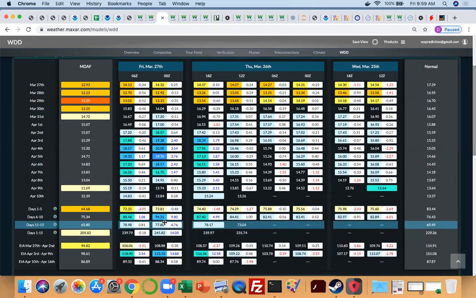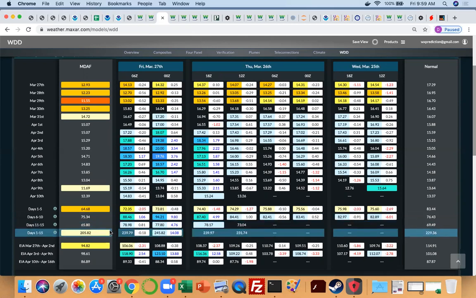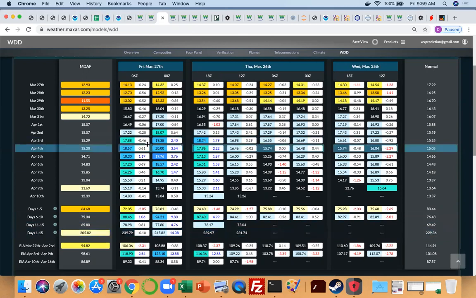So about 20 HDDs colder than the EC, and about 40 HDDs colder than the Maxar official forecast here. So there are definitely some differences even within this window in terms of what's going to happen the next couple of weeks, if you believe the GFS.